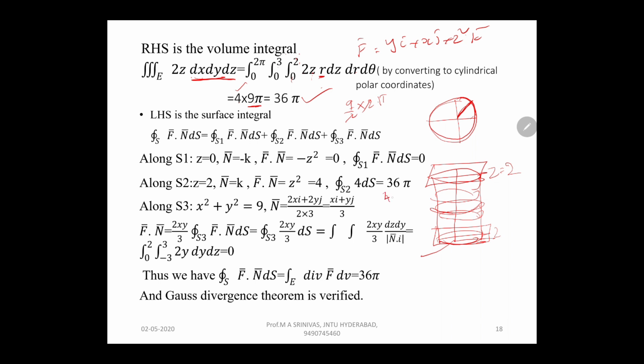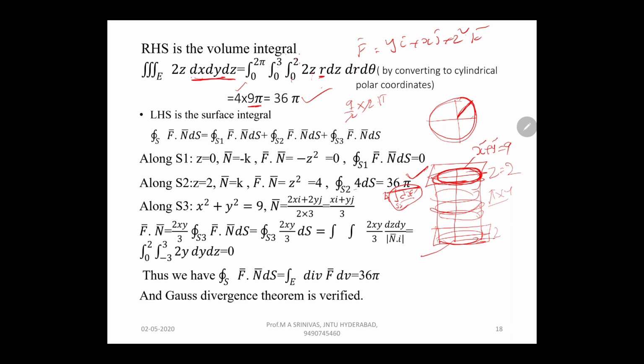Therefore, it automatically gives the area, as we already learned. We have x square plus y square is equal to 9. What is the area of the circle? Pi r square. But r is 3, so 3 square is 9. 9 pi is the area. 9 pi into 4, that is 36 pi. In that way, we can calculate that.